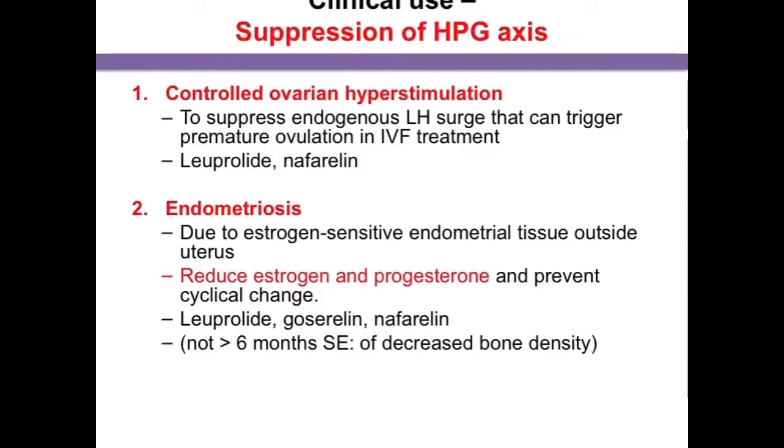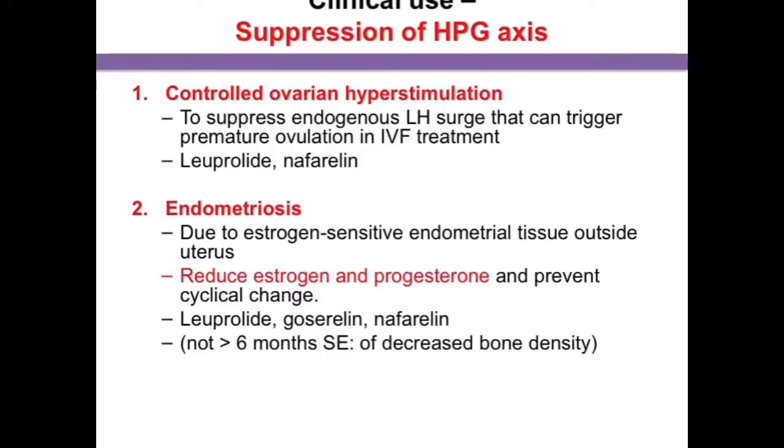Secondly, we can use GnRH analogs in its second function, that is to suppress the hypothalamic pituitary gonadal axis. So this is used to control ovarian hyperstimulation during assisted reproductive therapy such as IVF.